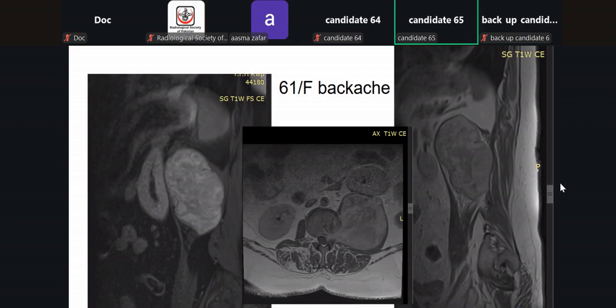It is arising from the left psoas muscle, and it's an aggressive lesion, soft tissue sarcoma, most likely. Okay.